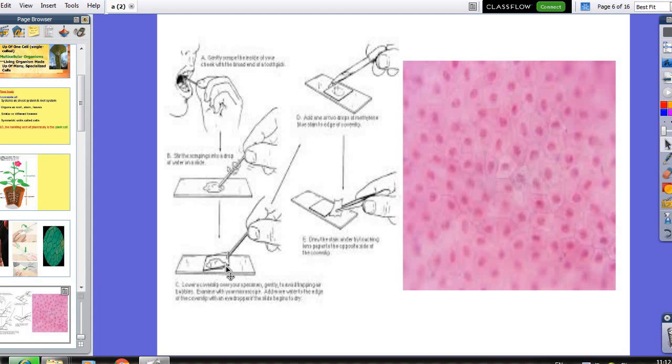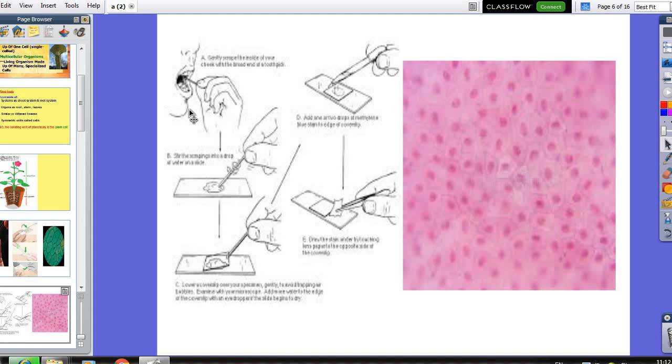Also, here is the simplest way to extract animal cells. You can extract the animal cell from the inner tissue which lines your mouth or your cheek. You will use a toothpick.